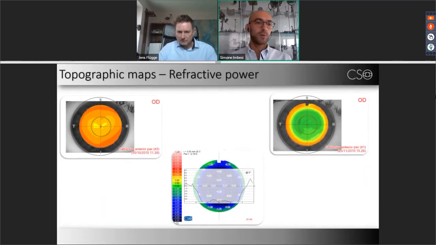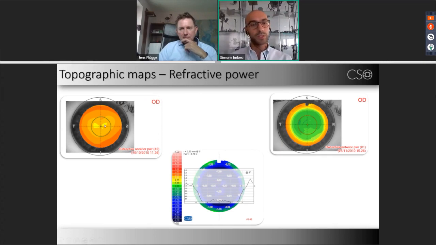This is an example of an application of refractive power map. We can do the subtraction, for example, of two refractive power maps, the preoperative and postoperative of a refractive surgery patient, to understand objectively how many diopters were corrected by the treatment.